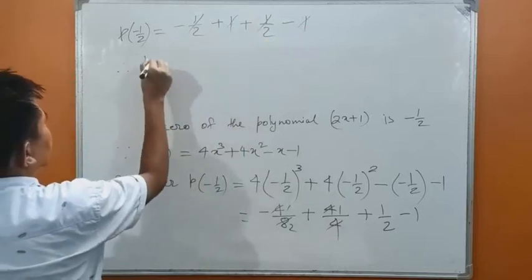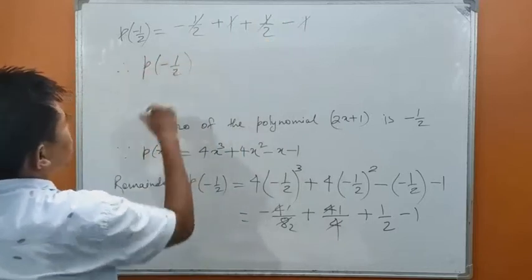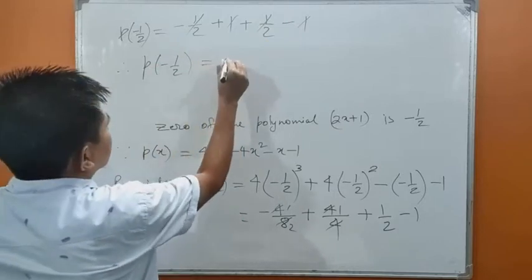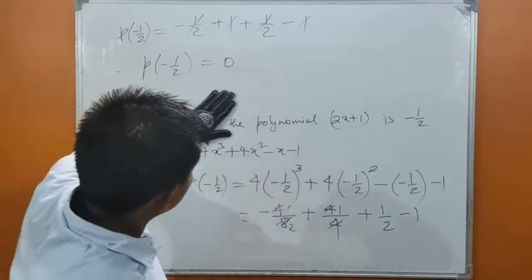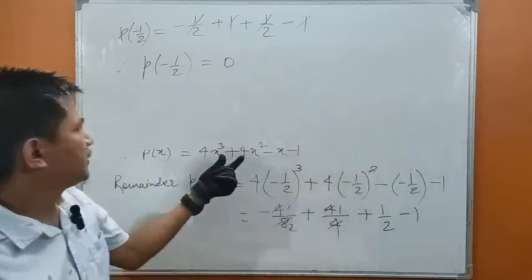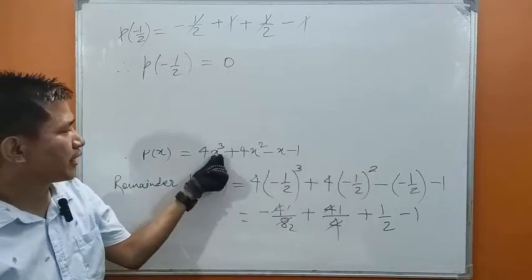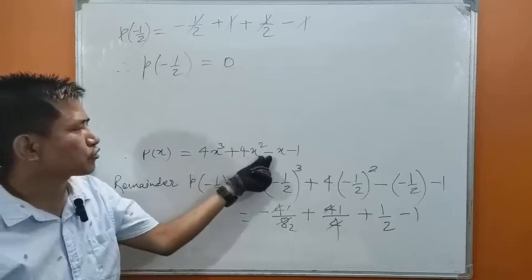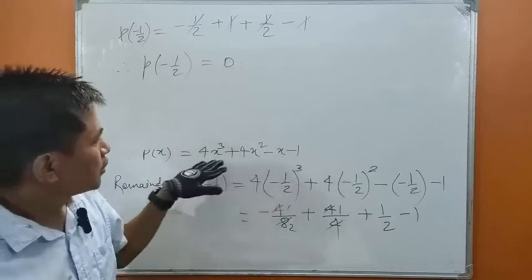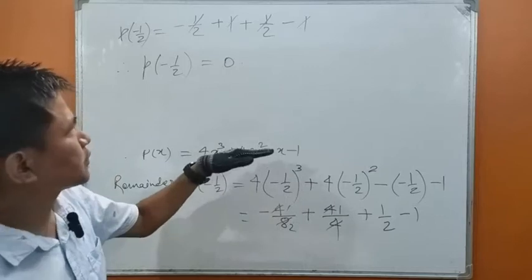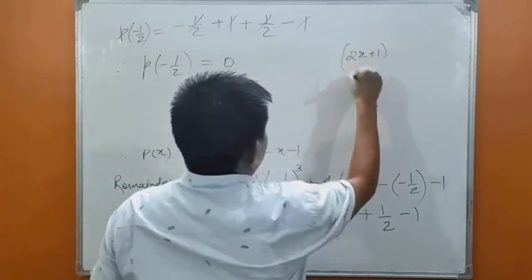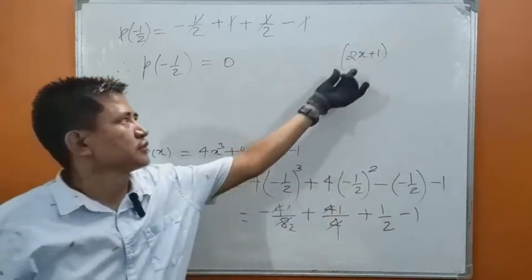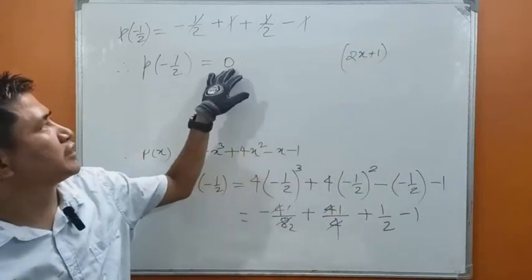Therefore, p(minus 1 by 2), which is the remainder, equals 0. Since the remainder came 0, when the expression 4x cubed plus 4x squared minus x minus 1 is divided by the expression 2x plus 1, the remainder came 0.